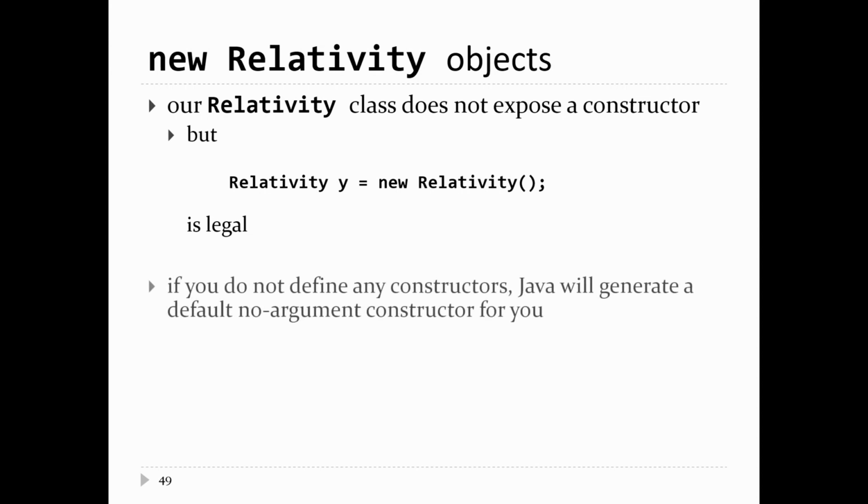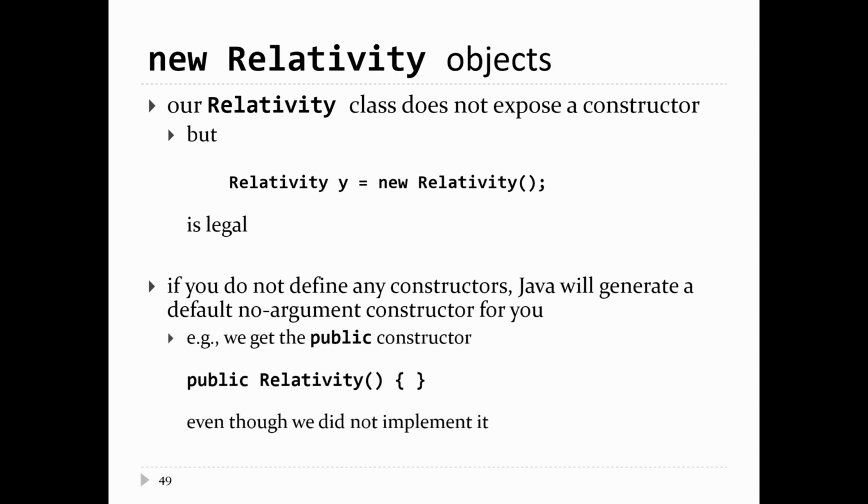Because if you don't define any constructors in a class, Java automatically makes one for you. The compiler generates the no argument constructor. In other words, it's as though we had the following constructor in the class: a public no argument constructor that does nothing. So you get this for free.